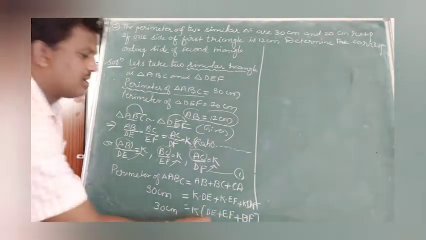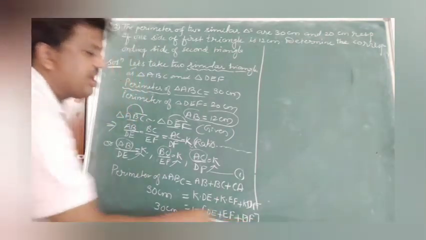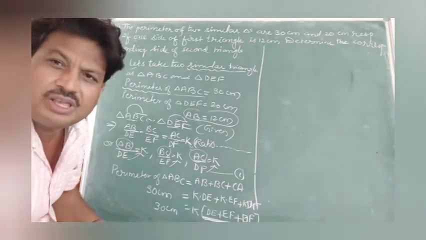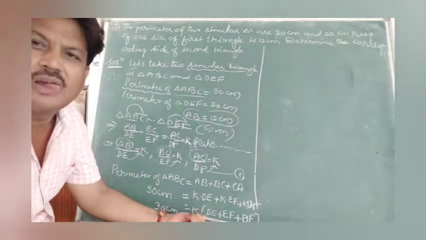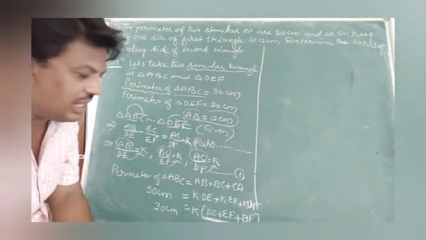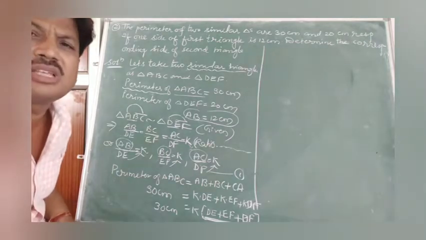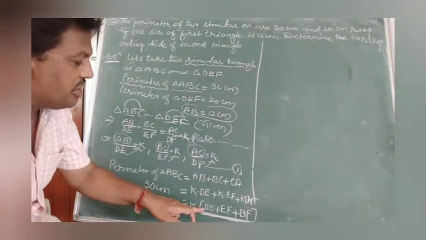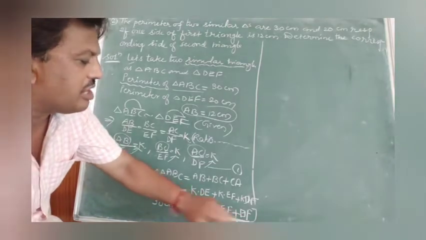Now children, by seeing this, any idea in mind? What is DE plus EF plus DF? It looks to be the sum of three sides. So what may be these three sides, children? What may be the DE side, EF side and DF side?